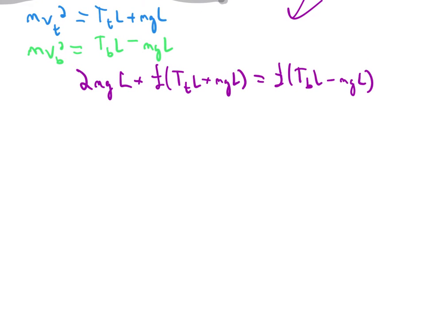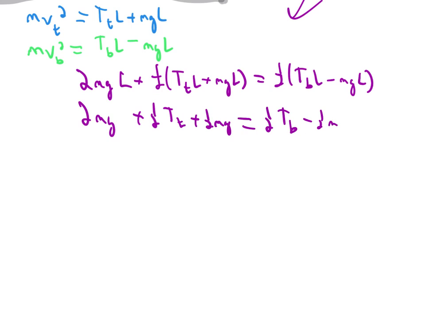And now it is really just kind of stupid algebra tricks, right? Before I even do that, let's just get rid of the L's. Cancel the L's entirely before we go any further. So 2mg plus 1/2 Tt plus 1/2 mg equals 1/2 Tb minus 1/2 mg.